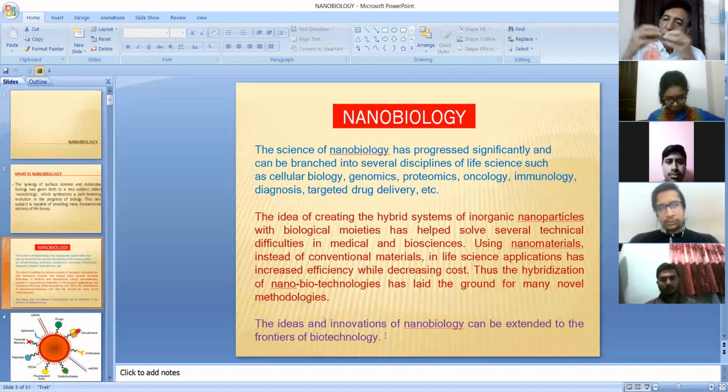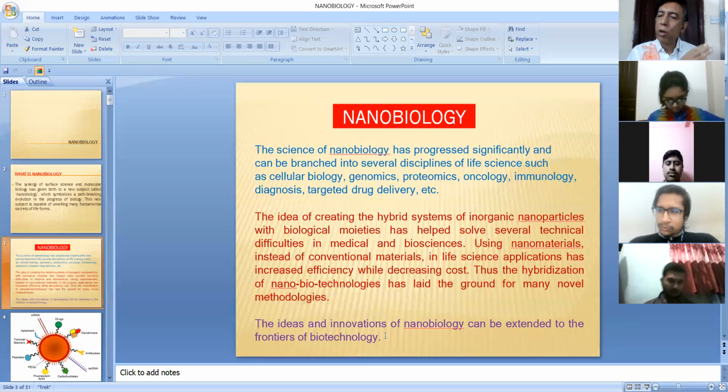The hybridization of inorganic nanomaterials with biological systems, and the use of this inorganic nanomaterial with biological systems in our body, leads to a new subject which is known as nanobiotechnology.